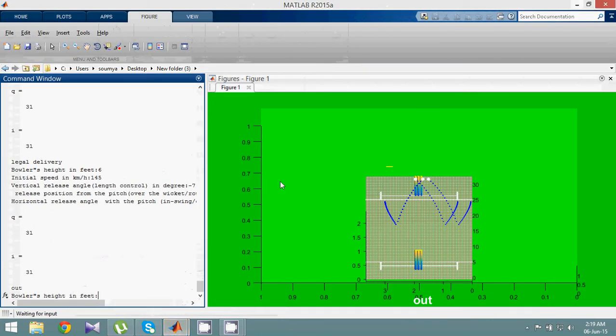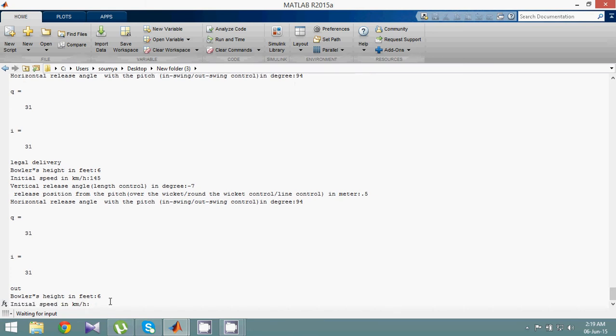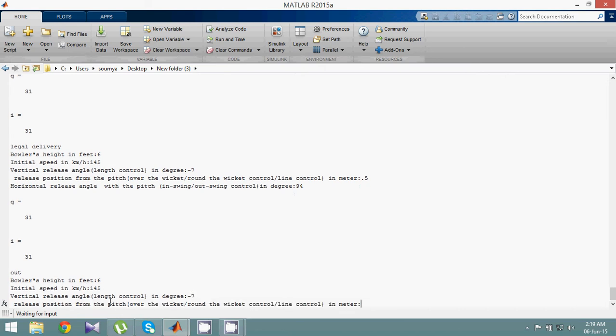Here I'm going to run this, and first I use this. This is the bowler's speed, and the initial speed is 145 km/h. Then vertical release angle is -7 degrees, and then the release position from the pitch I use 3.